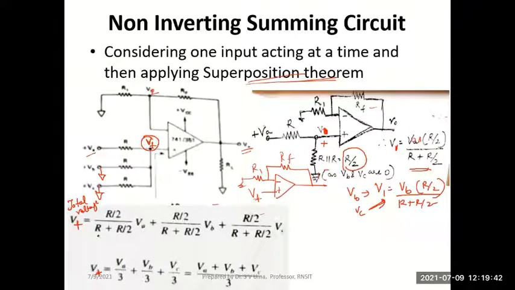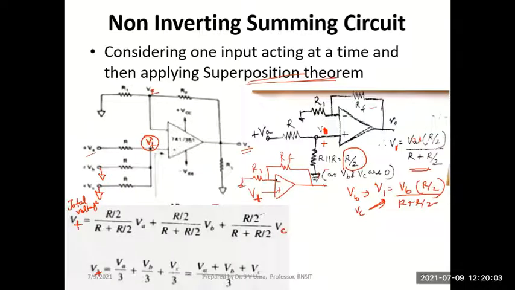So the voltage due to VA is VA into R by 2 by R plus R by 2, plus VB into R by 2 by R plus R by 2, plus VC into R by 2 by R plus R by 2. So this would be the effective voltage V plus at the non-inverting terminal of the op-amp.